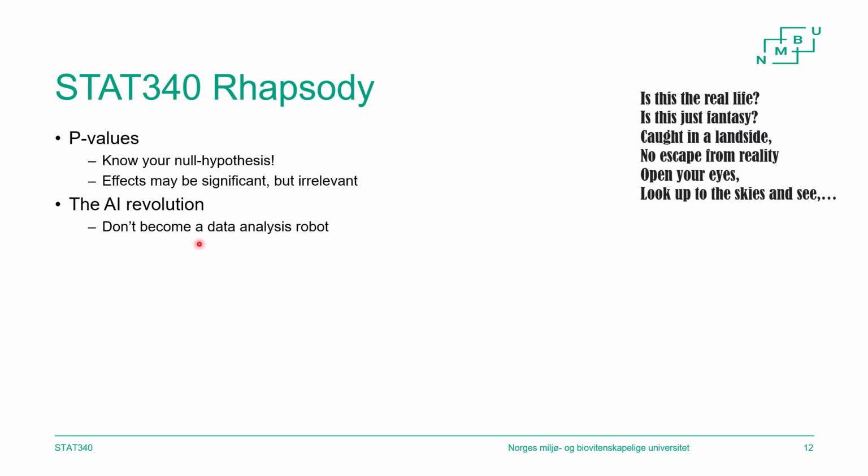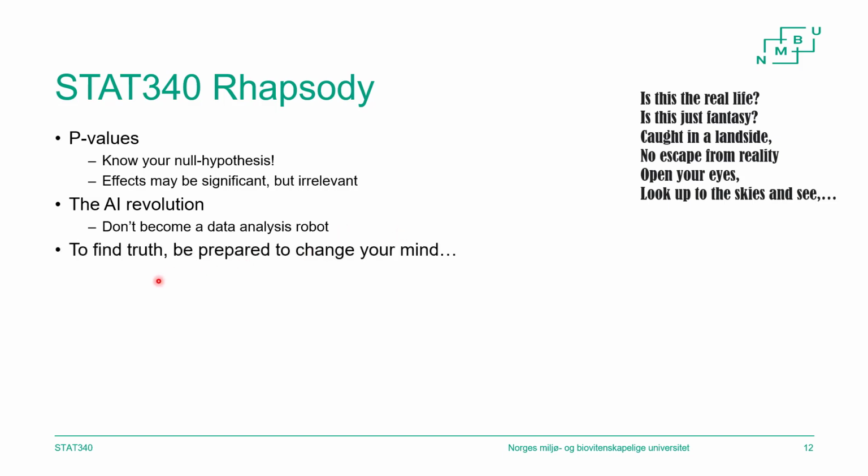If that is what you do, then a robot will do this much better than you. If this is all you can contribute with in life, you will be replaced by an artificial intelligence soon. So please be a little bit more than just a robot. Think. Get this under your skin. Don't just follow the recipe.